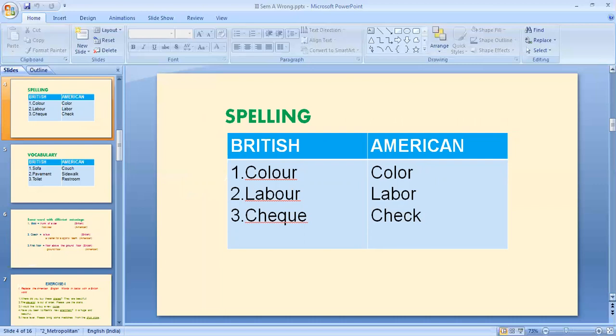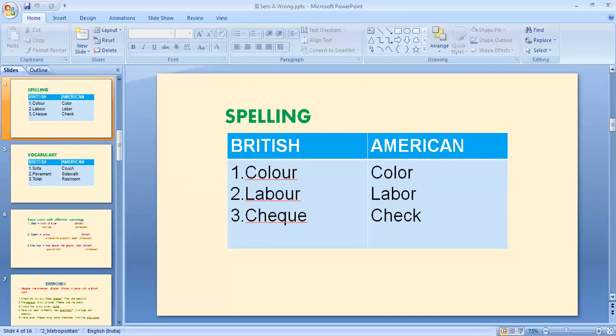Whereas Americans write it as only C-O-L-O-R. The correct spelling for labor in British English is L-A-B-O-U-R, whereas Americans spell it as L-A-B-O-R.